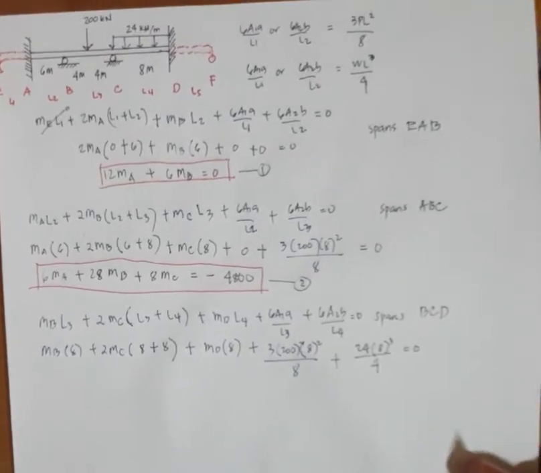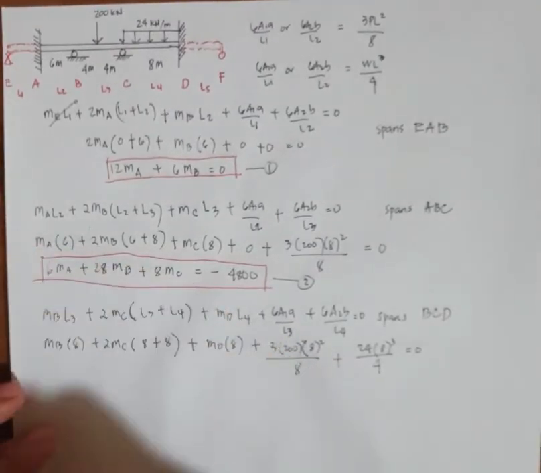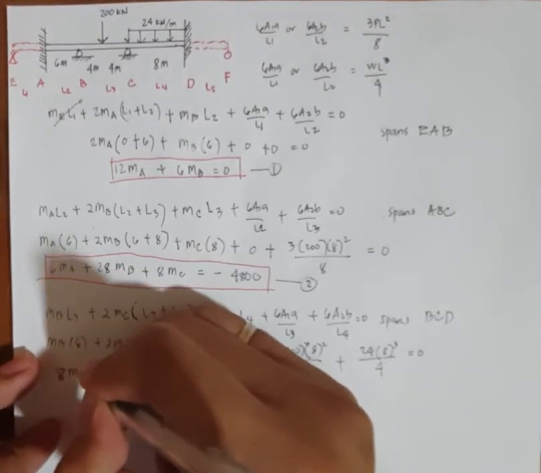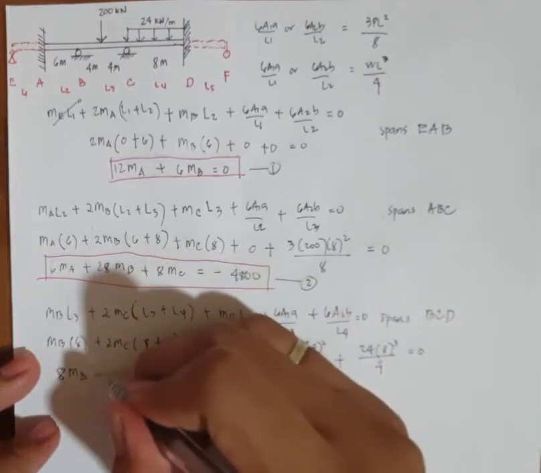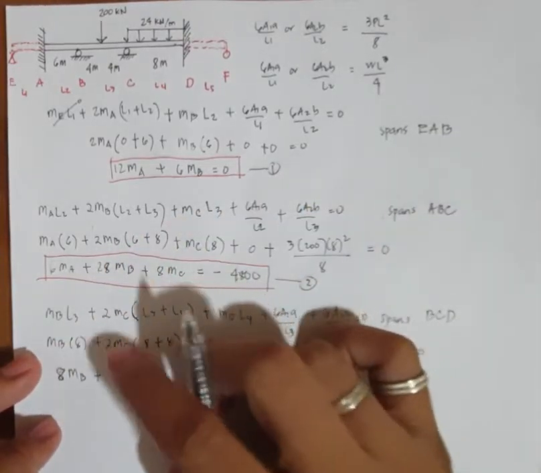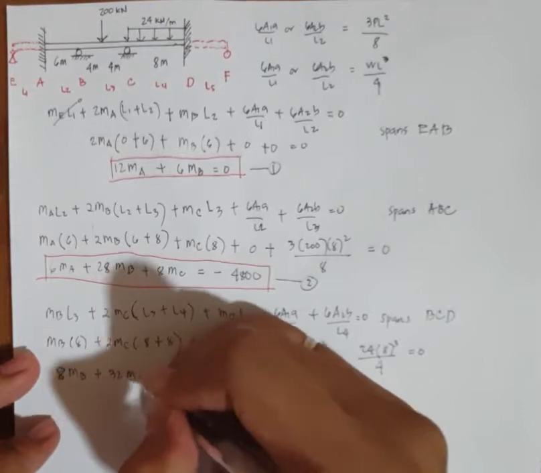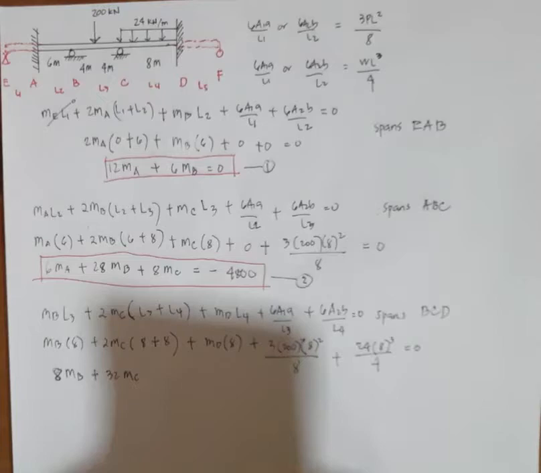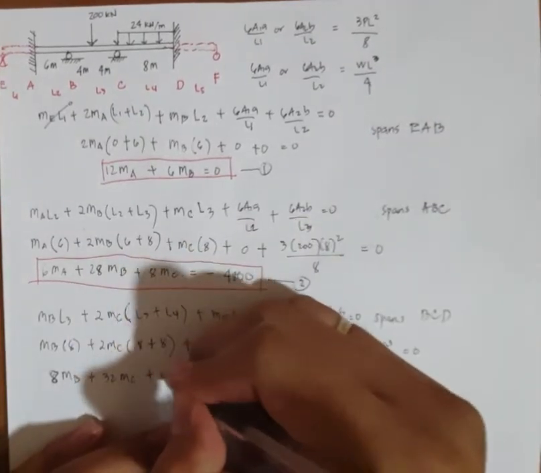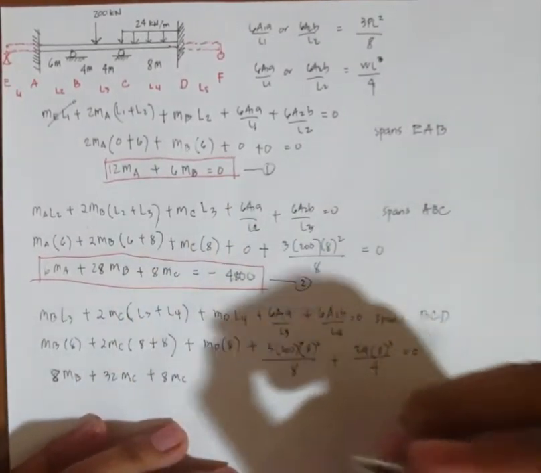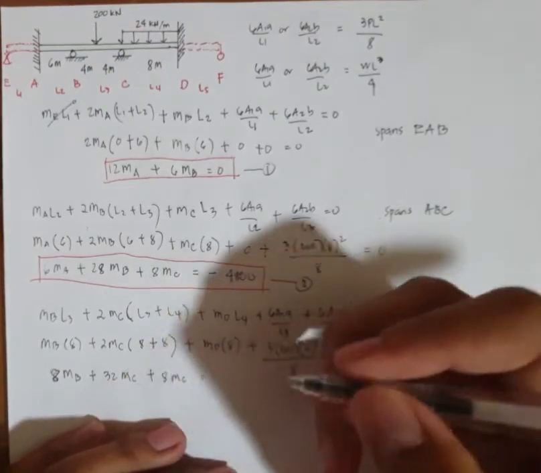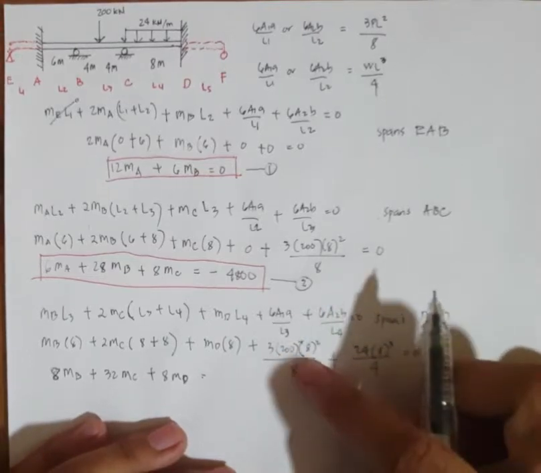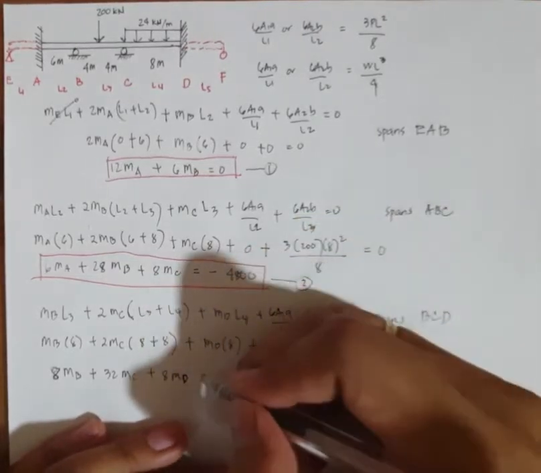Okay. So 8 MB plus 16 times 2, 32 MC, correct? Plus 8 MD, and the rest goes to the other side.